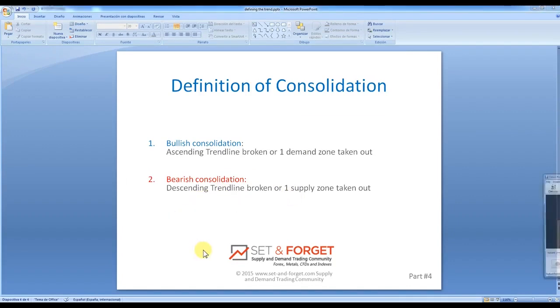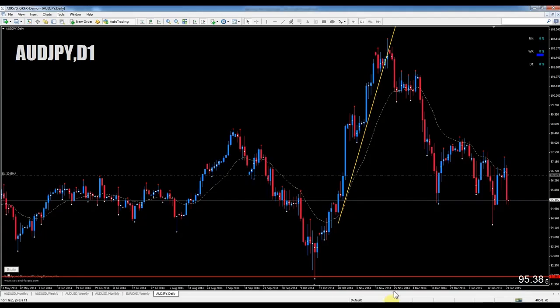Let's take a look at the example we were looking at before when defining an uptrend and downtrend. So price rallies, okay, breaks the trend line.